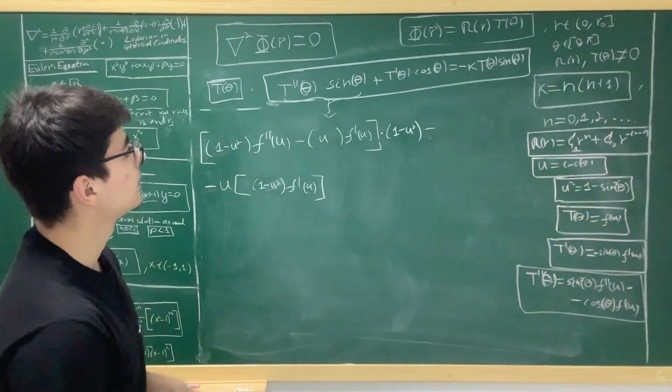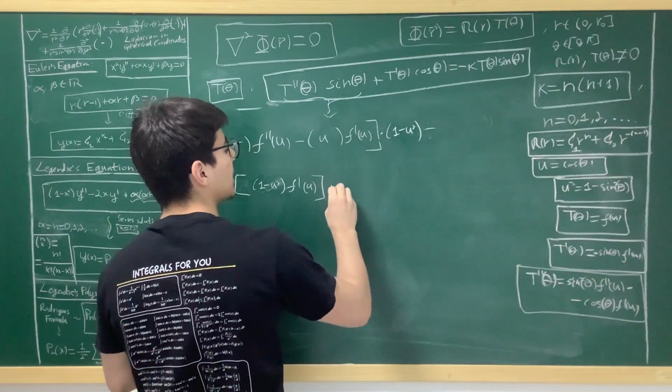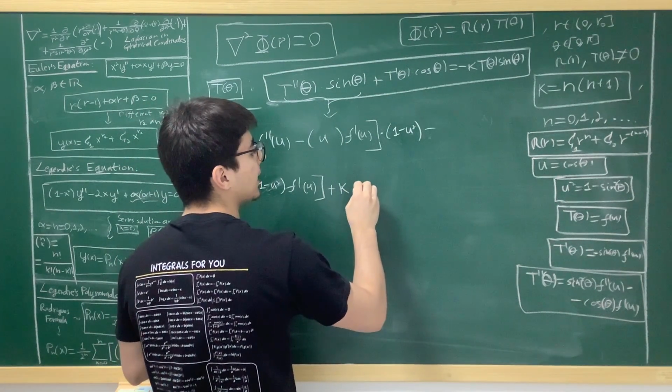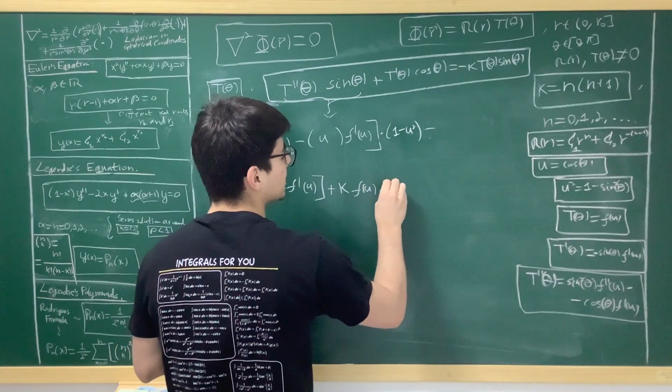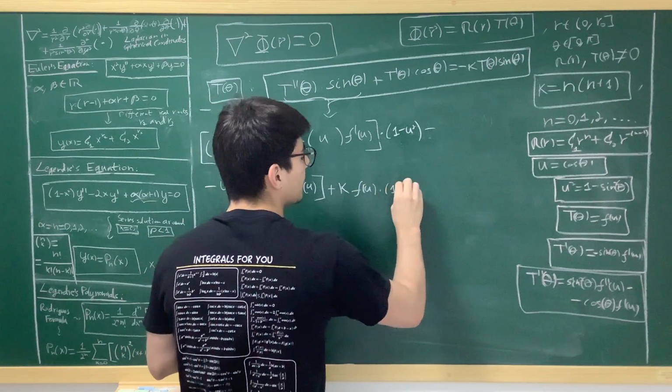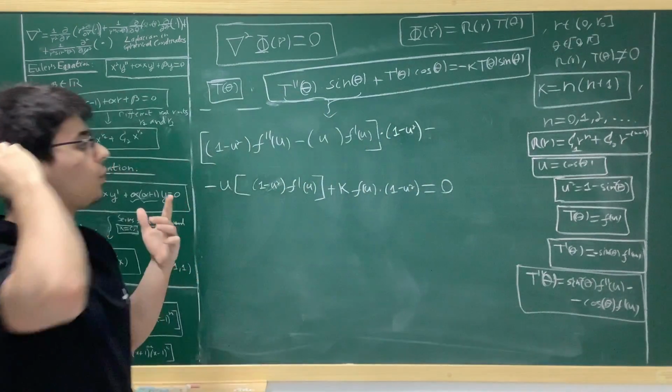Okay, it seems fine. Well, passing this to the other side, we get plus k, and t is just f of u times our sine, which is 1 minus u squared. What do we have?